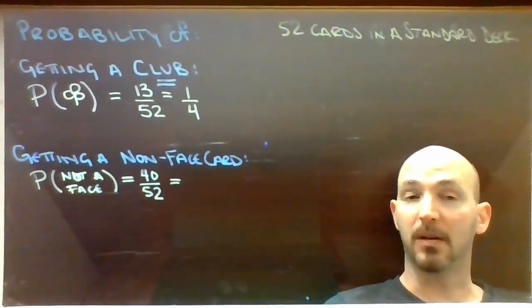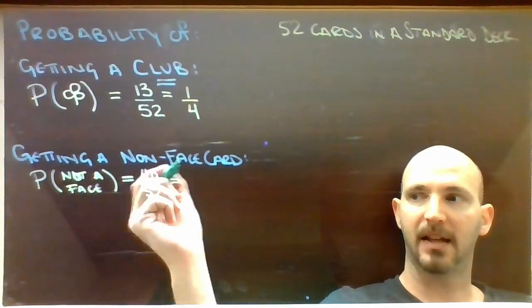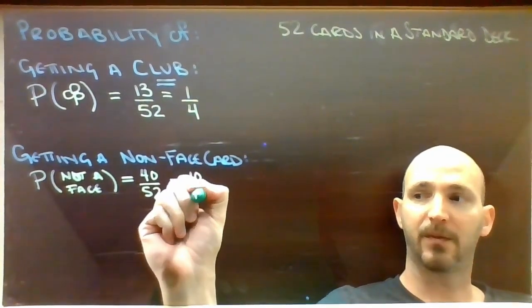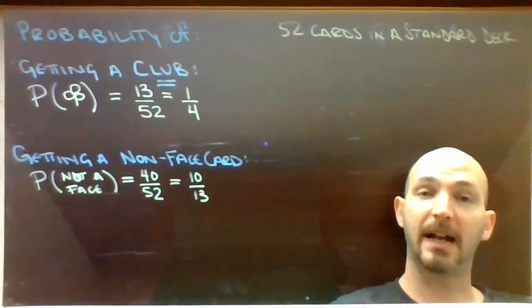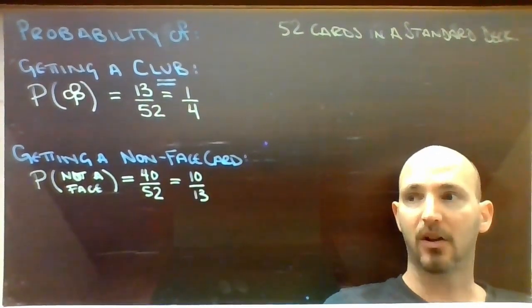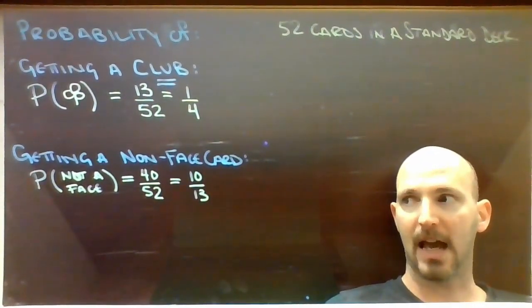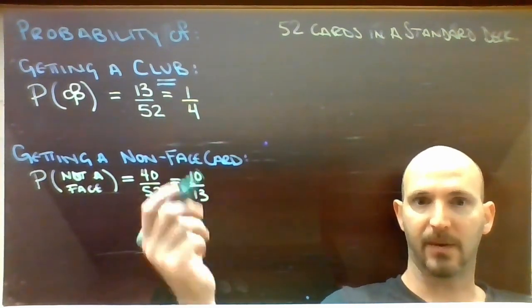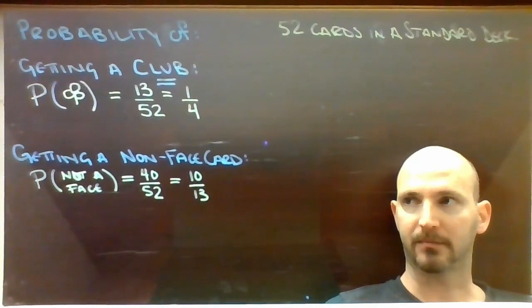Now both of those numbers divide by 4 as well. That's going to give 10 out of 13. Now that's the number we had out of each suit: 10 cards, the ace through 10, out of the ace through king are not face cards. So we have that. Excellent.